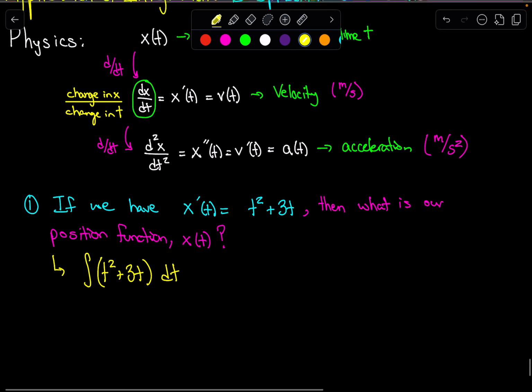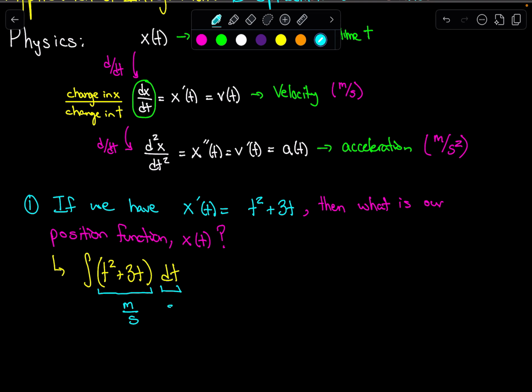And one thing to notice is, remember this, what are the units of t squared plus 3t, right? Well, if this is velocity, then the units here would be meters per second. And, well, what's the units of dt? Well, the units of dt here would be in terms of seconds.